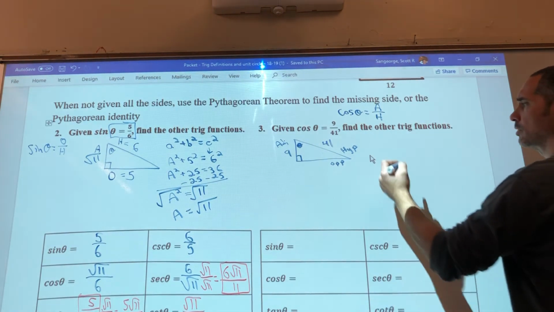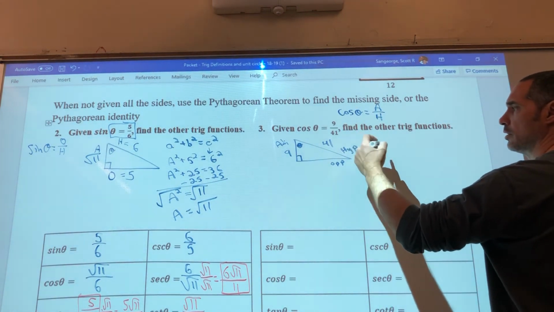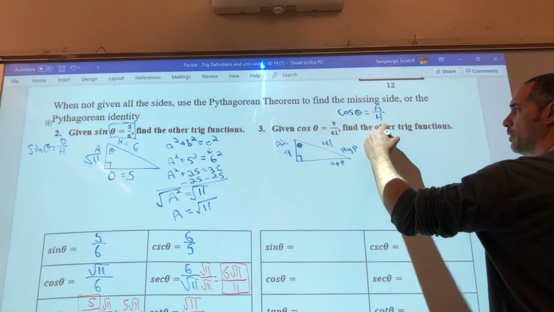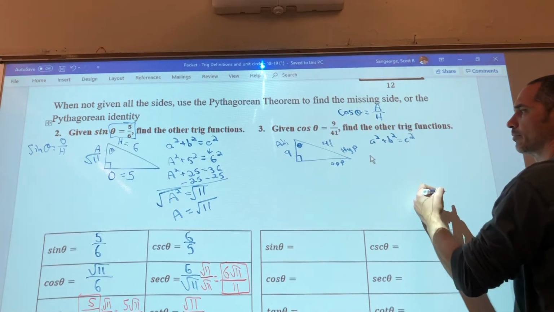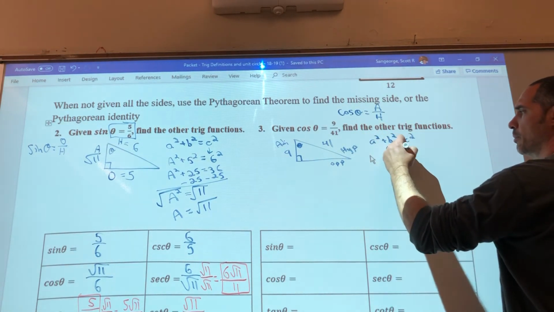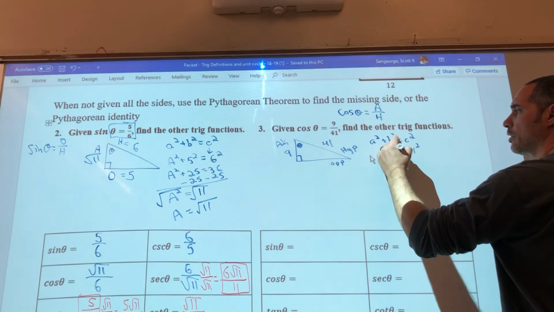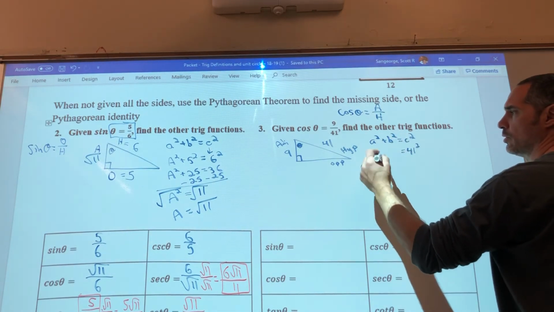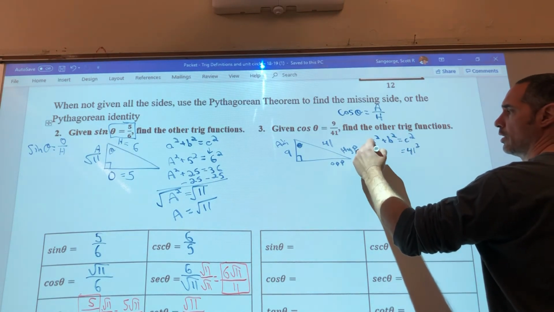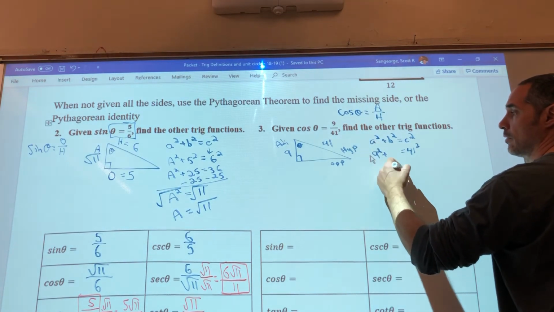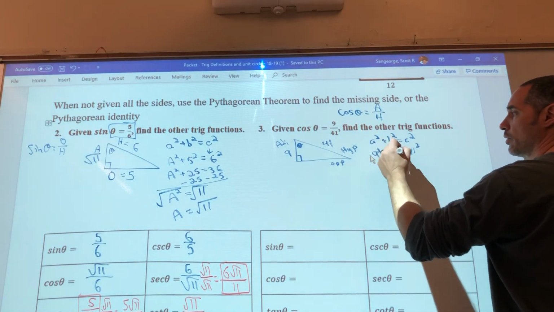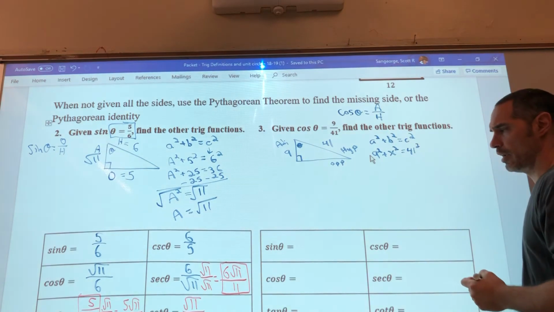Setting up our equation, a squared plus b squared equals c squared. Again, this is the hypotenuse, so 41 squared, and that's equal to 9 squared plus x squared.